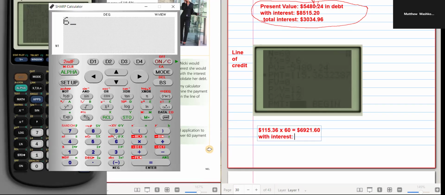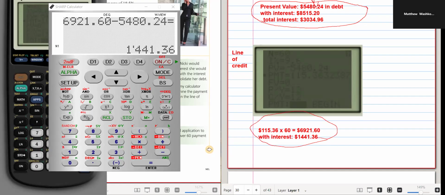So we're going to take her $6,921.60. We're going to subtract the principal, $5,480.24. And in total, she's paying $1,141.36 in interest.